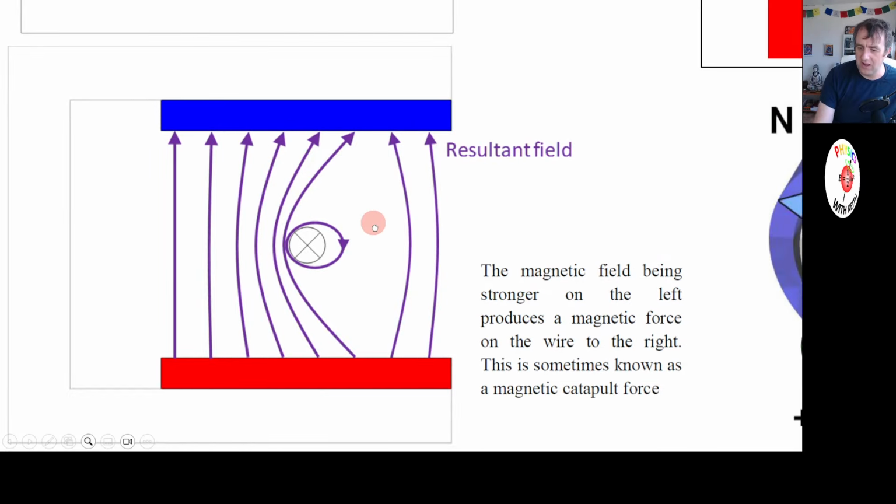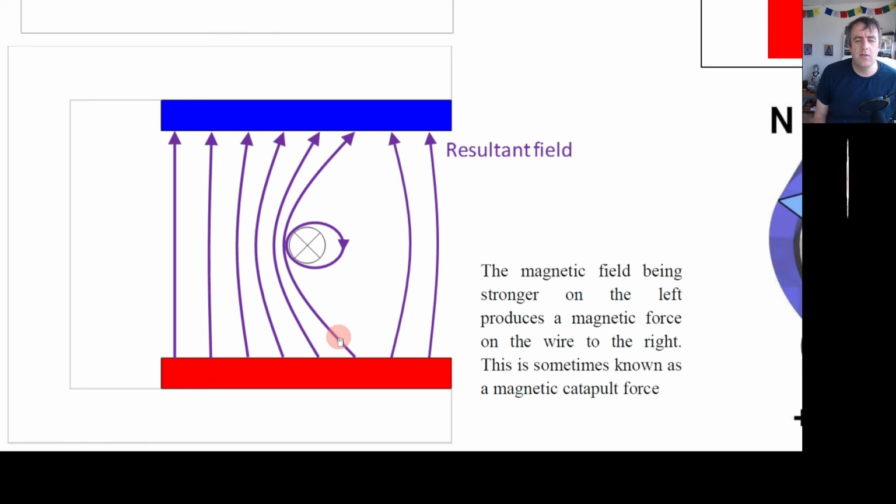We haven't drawn the whole picture, but each of these would go up through the magnet, round, down and back to there, because they all form closed loops. And you can see that where these field lines are really strongly curved, those closed loops are longer than they would be if those field lines were straight.